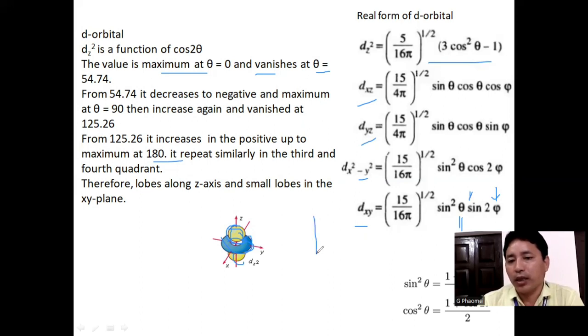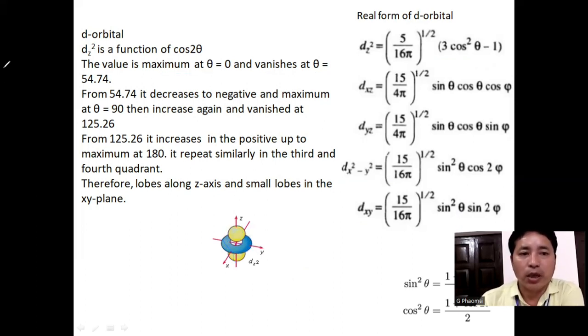As you know, the angle theta is the angle made with the z-axis, and phi is in the xy plane made with the x-axis, and this is x and this is z. So you can try yourself to see what the shape could be.